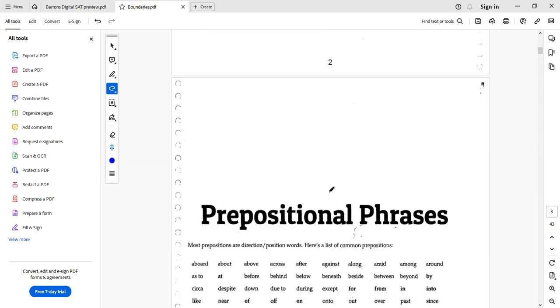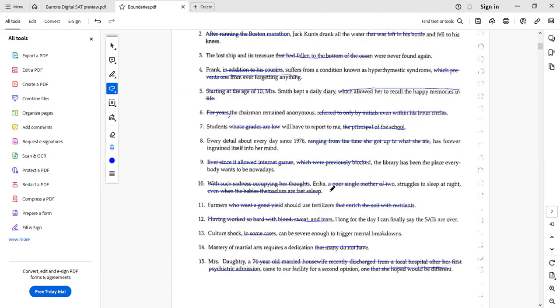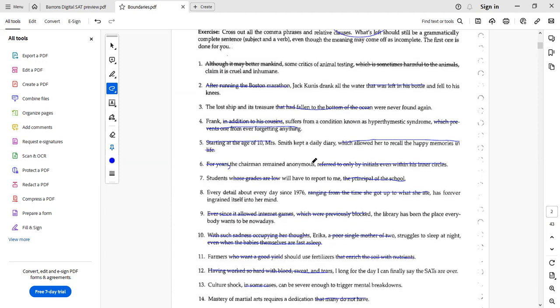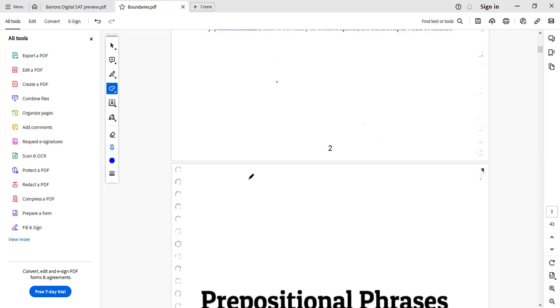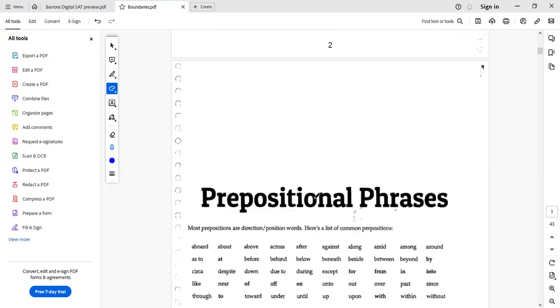Prepositional phrases. Teacher, we passed through prepositional phrases here many times. Many, like for years. Take care. The prepositional phrase consists of a preposition, then the object of the preposition.